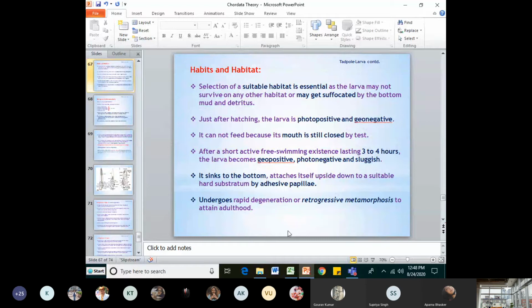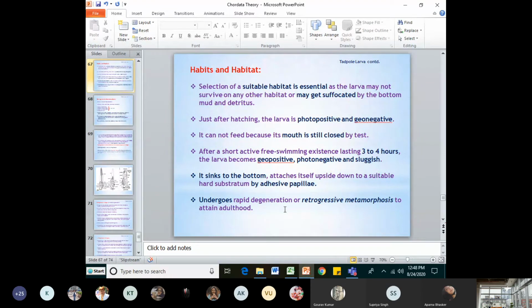After a short active free swimming existence lasting for 3 to 4 hours, the larva becomes geopositive, photonegative and sluggish. So it sinks to the bottom, attaches itself upside down to a suitable hard substratum by adhesive papillae, and undergoes rapid retrogressive metamorphosis to attain adulthood.